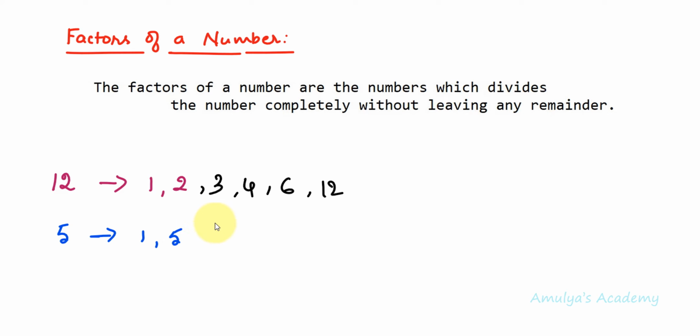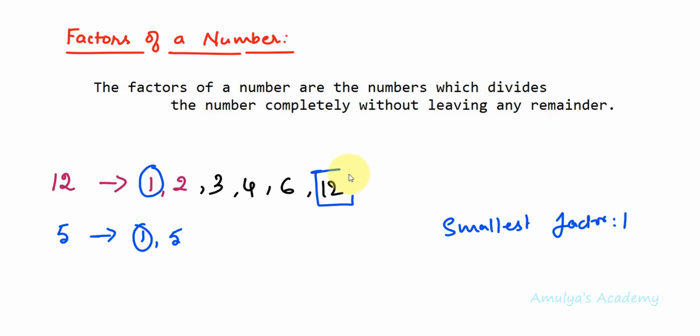So these are the examples. Here you can see one similarity, that is, the smallest factor of both the numbers is 1 and the biggest factor of that number is the number itself. Here 12, here 5. Here you can see, right? So the biggest factor is the number itself.